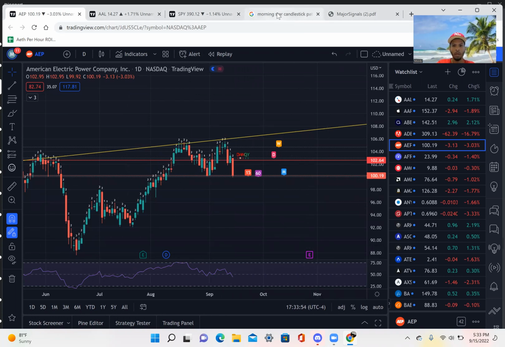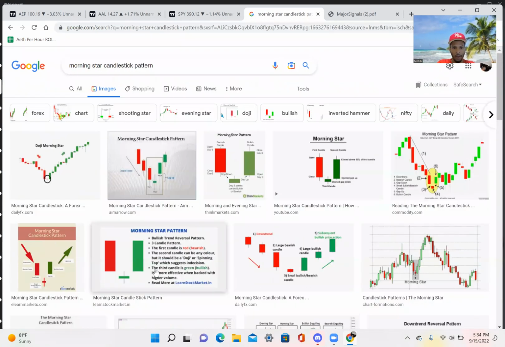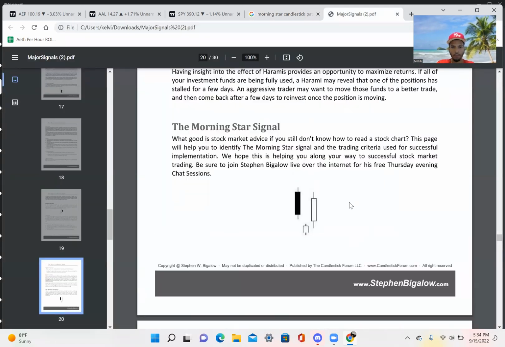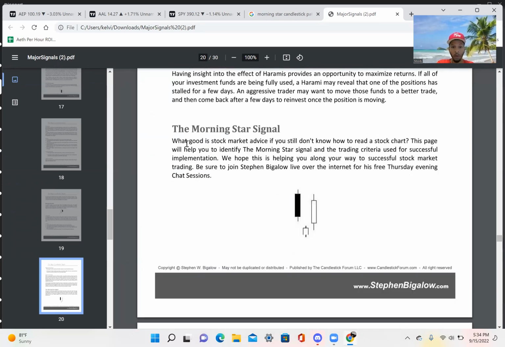So before we even get into it, let's look at a picture of what morning stars look like, right? Matter of fact, let's go over here and let me read you a little bit about morning stars. So the morning star signal.